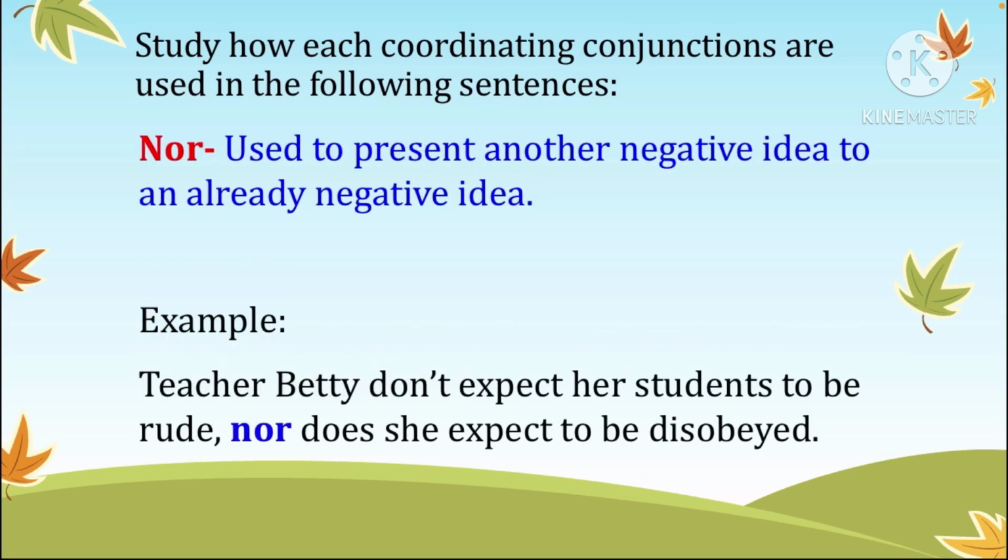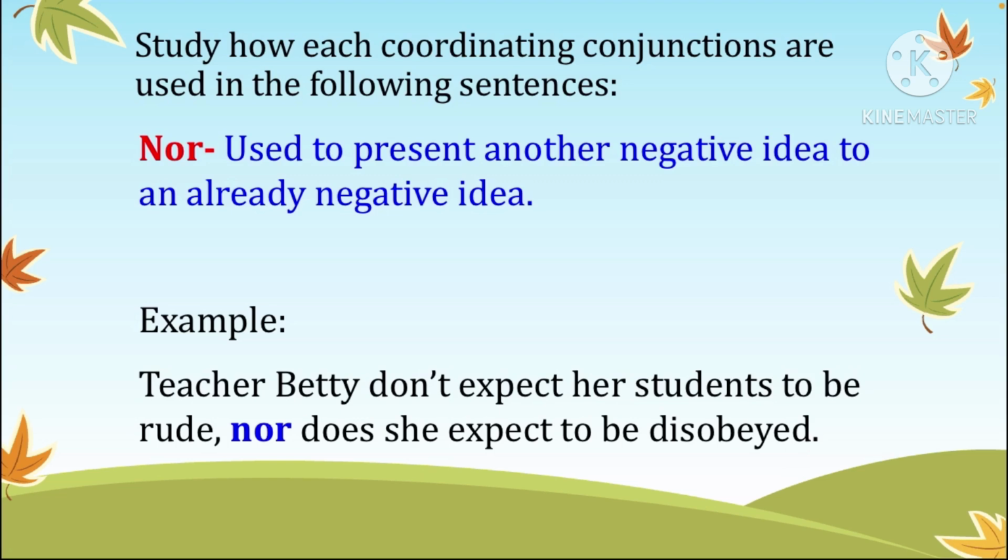The next conjunction is nor. We use the coordinating conjunction nor to present another negative idea to an already negative idea. Example: Teacher Betty doesn't expect her students to be rude, nor does she expect to be disobeyed.